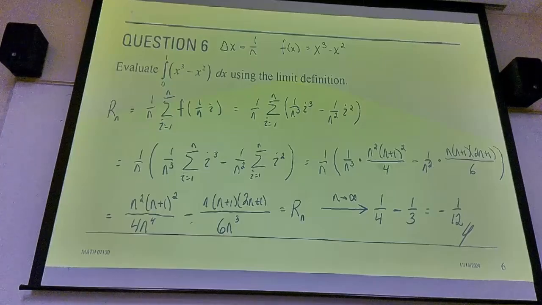Well, let's really make it interesting. What about e to the x? Or natural log of x? Or cosine of x? Now the Riemann sums start to get really hairy.